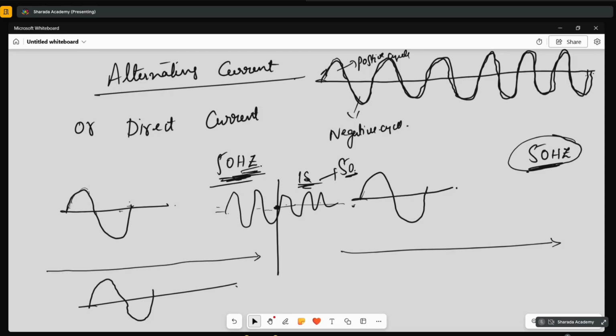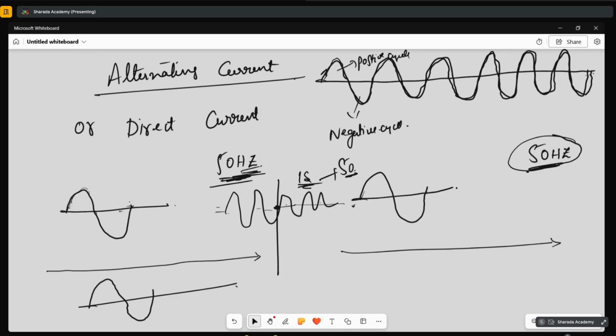So many other things will be there. The losses will be more in direct current. That's why they only use alternating current. And in power stations, whatever current is produced is only alternating current. Why not direct? Because losses will be more, and to produce that is difficult. So many things will be there. That is the reason.